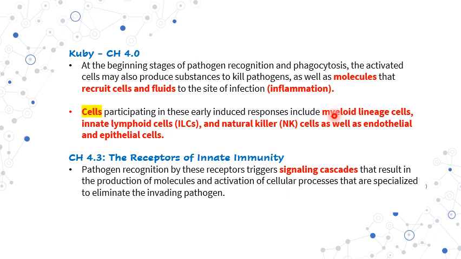So what are the cells that are involved here? You should know that since we're talking about innate, these are the cells mainly of your myeloid lineage. So here you have those myeloid cells. And you also have this guy from your lymphoid lineage, right? This natural killer cell and some other ILCs that are working in the innate response.